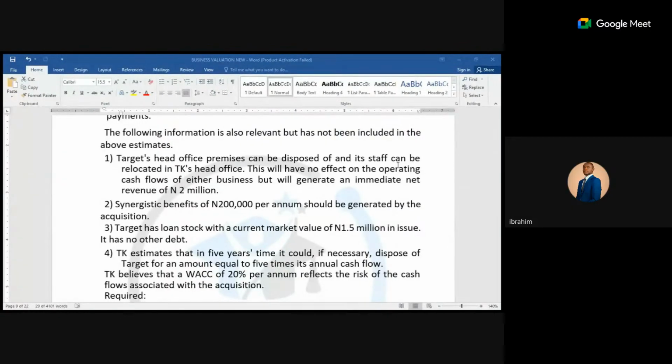So your average sources of finance, both equity and debt, is equal to 20%. It reflects the risk of cash flows associated with the acquisition.